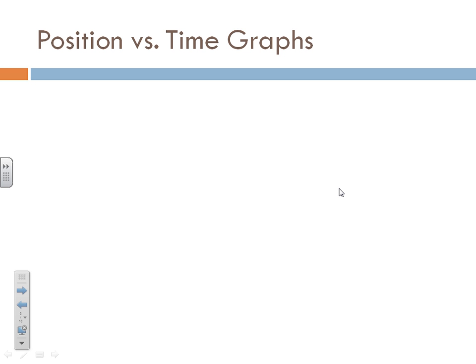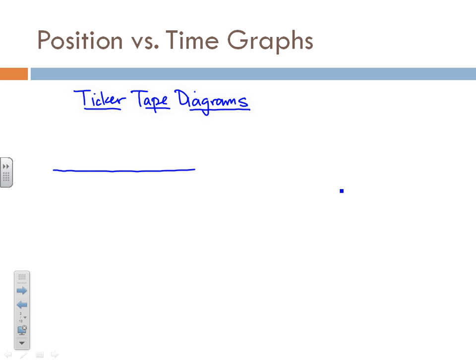And when we graph that, we're really going to start with an idea that we were talking about in the past in our ticker tape diagrams. So remember, with the ticker tape diagrams, we were representing the motion of an object as it went from one place to another.